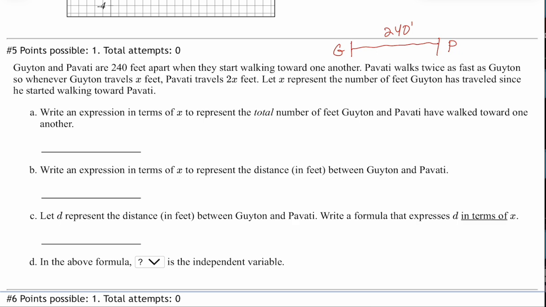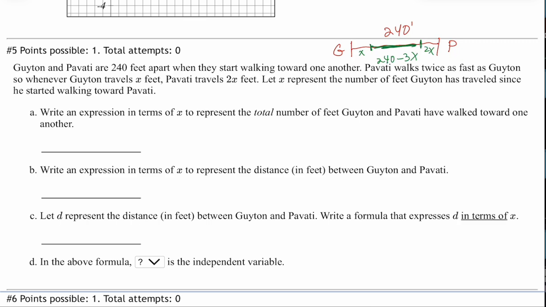So if we think about it, Guten travels x, Pavati travels 2x. What's left is the total we've got minus x and 2x. X and 2x totals up to 3x.